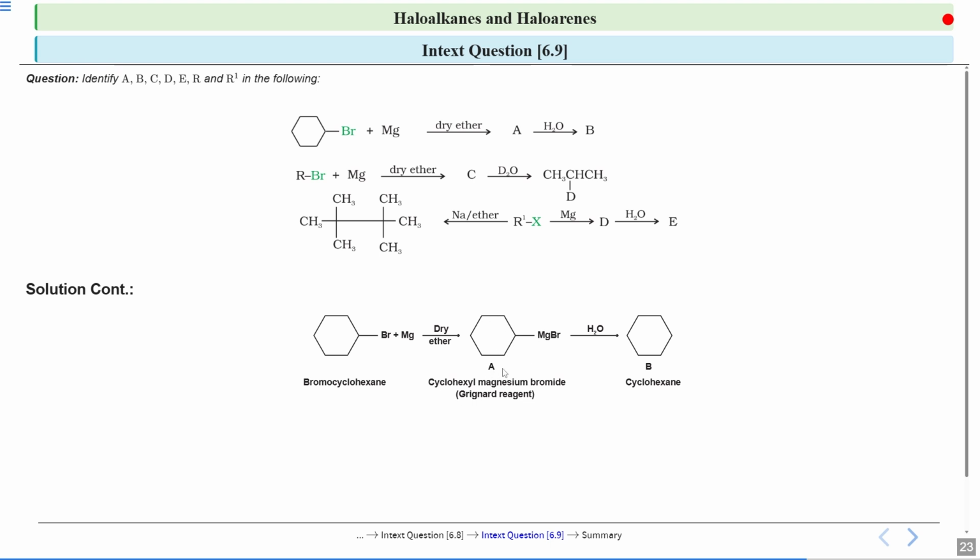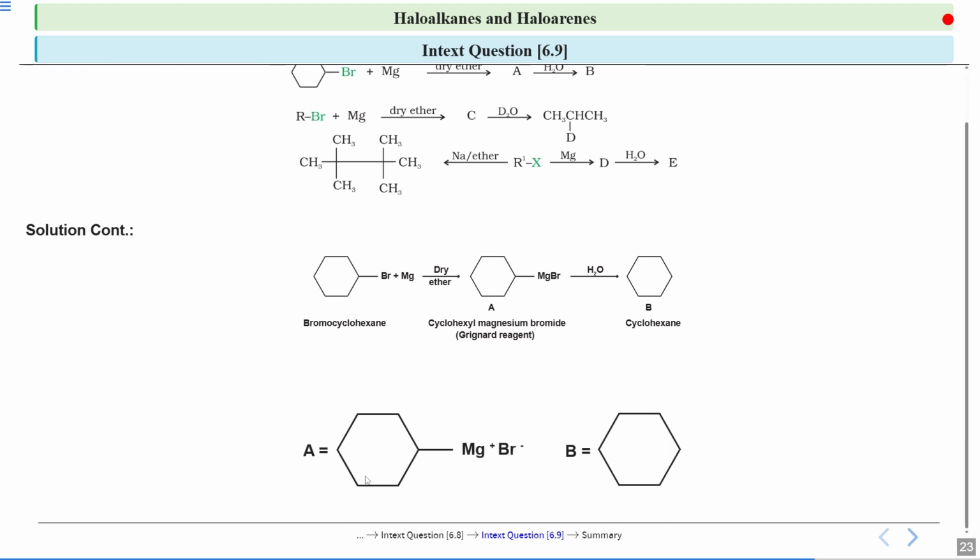So your A is cyclohexyl magnesium bromide, and when this reacts with water, it gives you an alkane, that is cyclohexane, which is your B product. So A is cyclohexyl Mg positive Br negative, and B is cyclohexane.